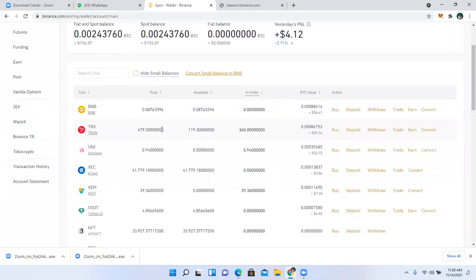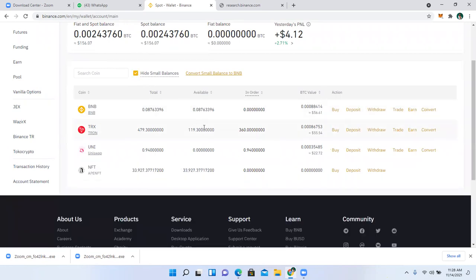You can see I had Tron before, but I'm selling that, right? This is the amount of Tron I just recently bought. 109 Tron is available in my wallet, which is what I just bought now.